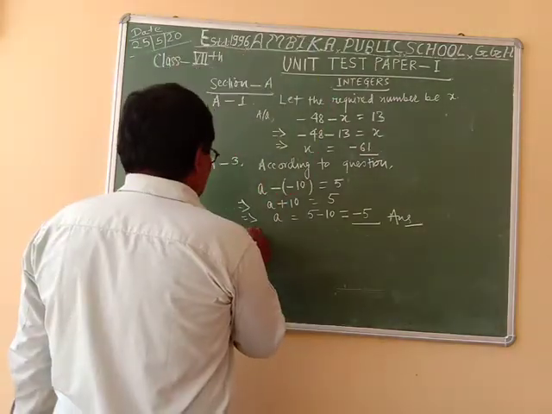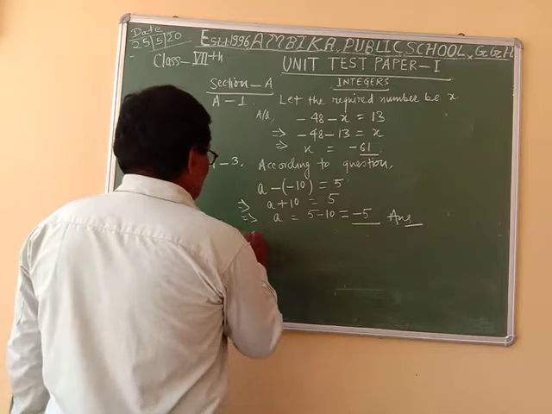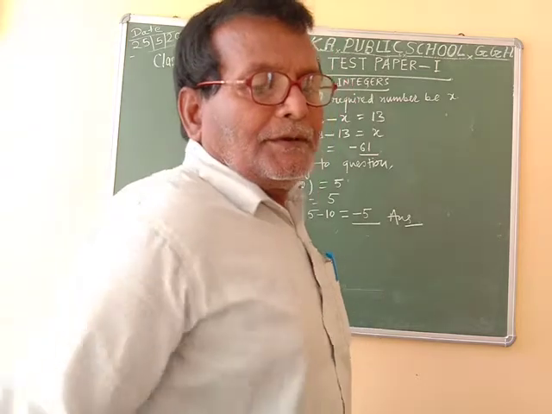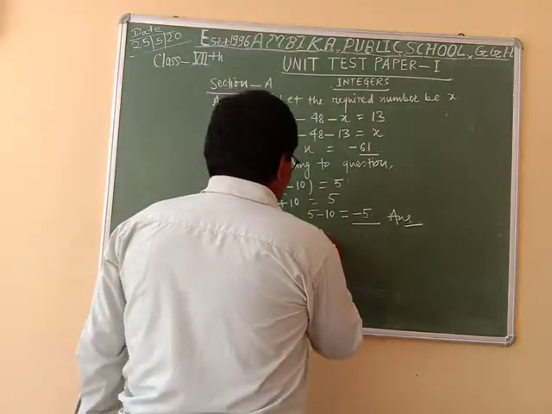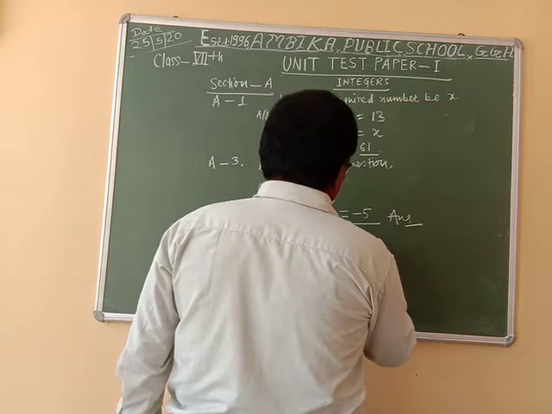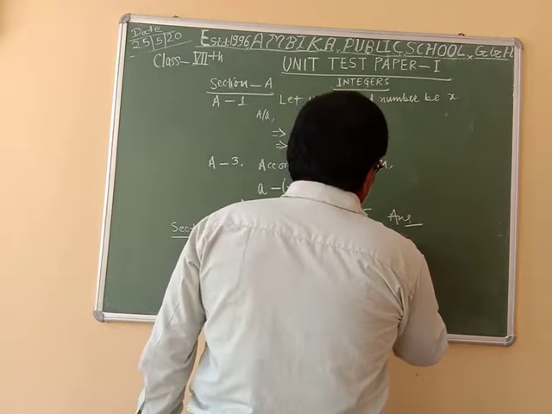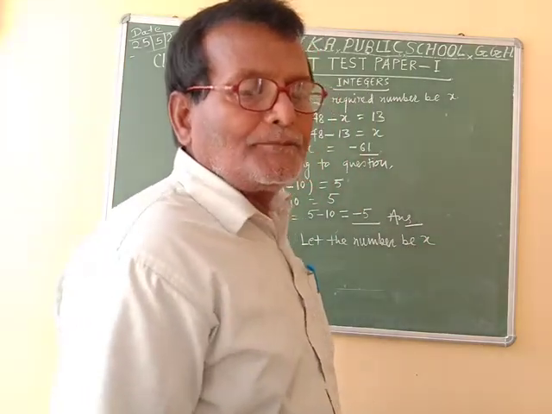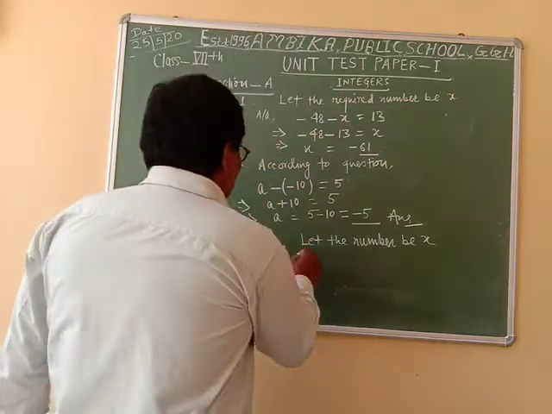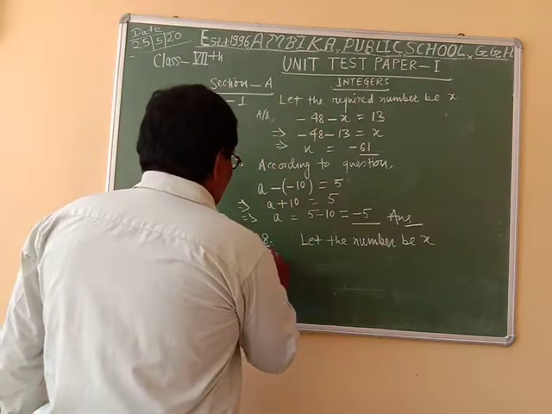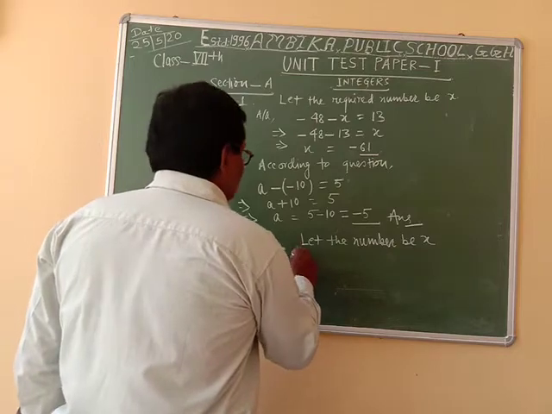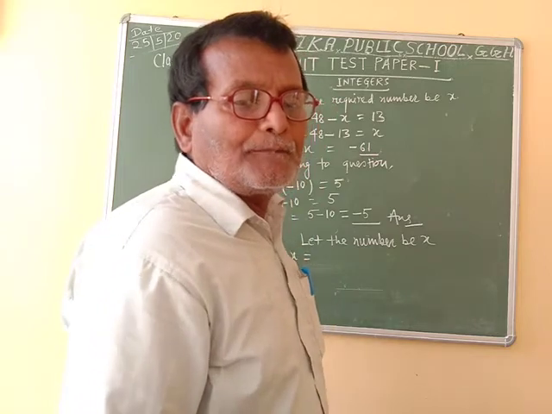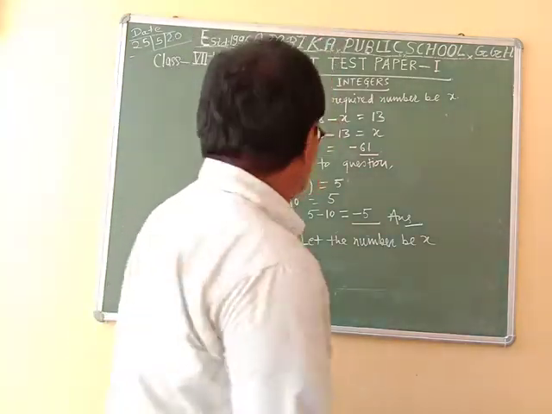This is the 8th question of section B. Then according to the question, minus 26 plus x is equal to minus 18.